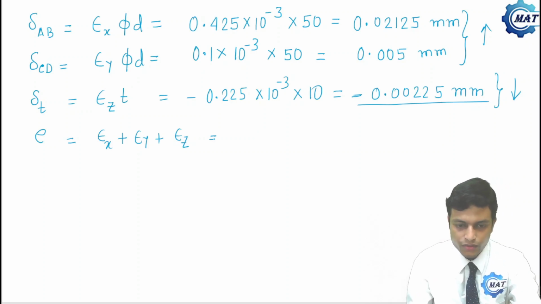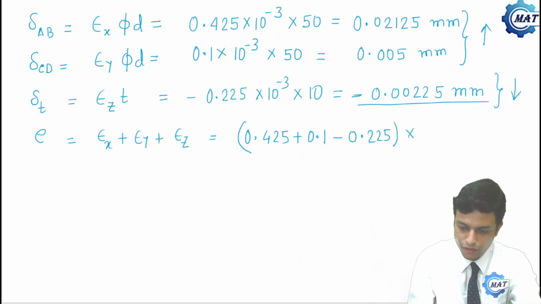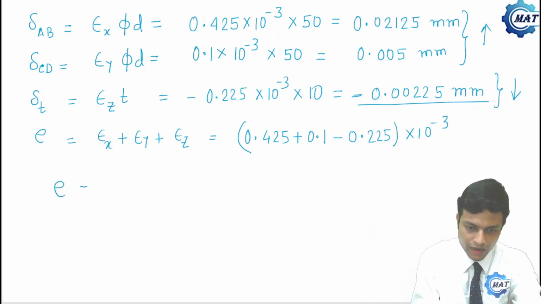Now put the values: 0.425 plus 0.1 minus 0.225, into 10 to the power minus 3. So the volumetric strain becomes 0.3 into 10 to the power minus 3.